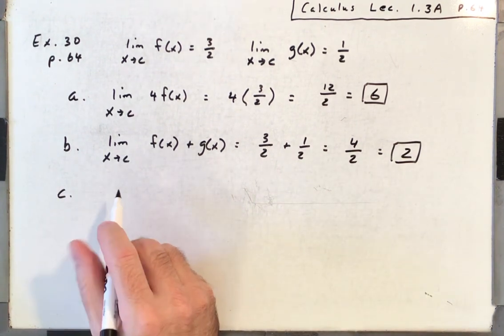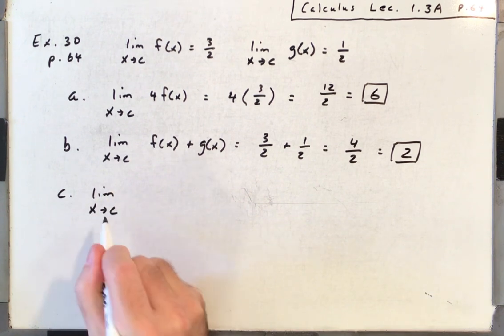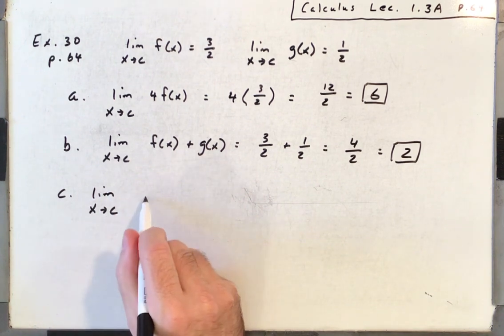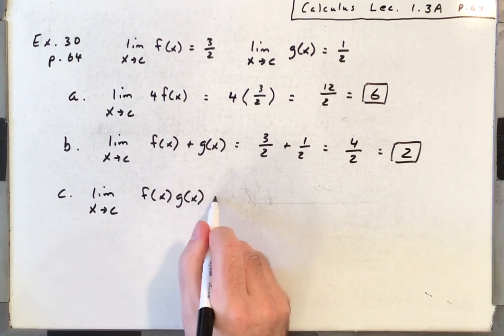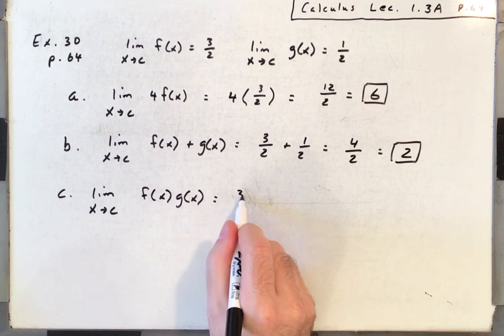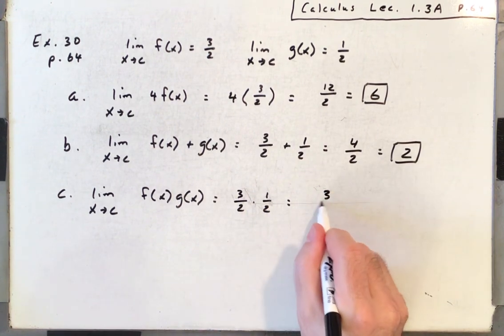And then C, we have the limit as x approaches c of f of x times g of x. So we just multiply the two. 3 halves times 1 half, which would be 3/4.